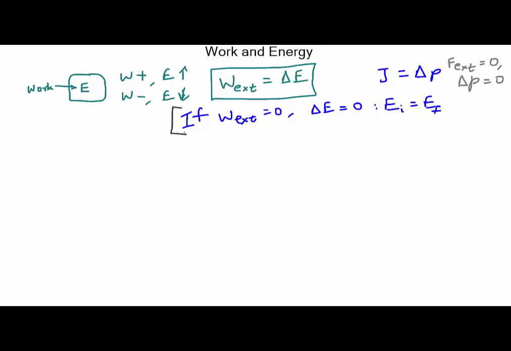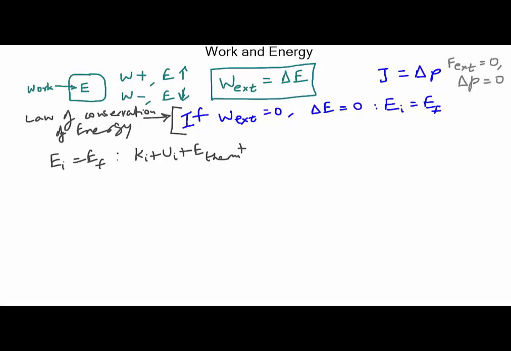And by the way, this situation when external work is 0 and hence energy is conserved is what's called the law of conservation of energy. And what we mean by E_i equals E_f is that the total energy of the system is conserved, which means that K_i plus U_i plus E thermal initial plus other components equals K_f plus U_f plus E thermal final plus other components.